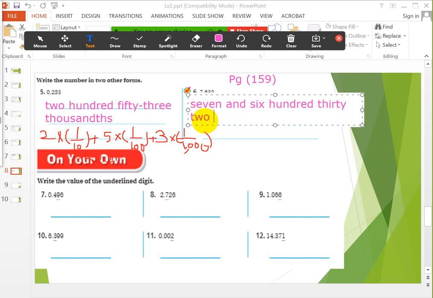The thousandths mean I have 3 digits after the point. Okay? This is the word form.